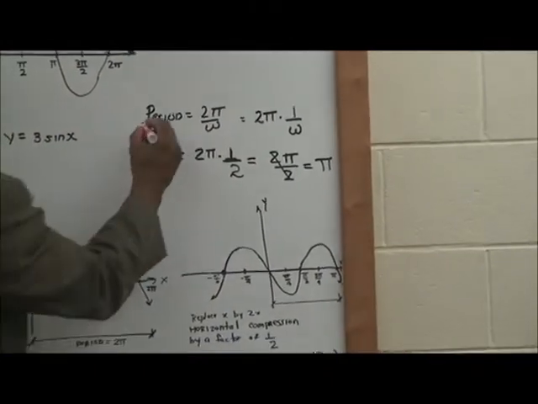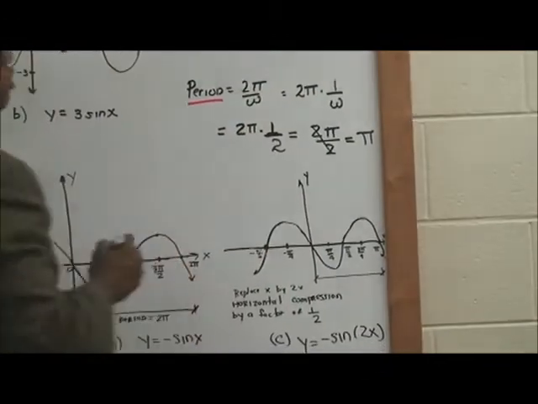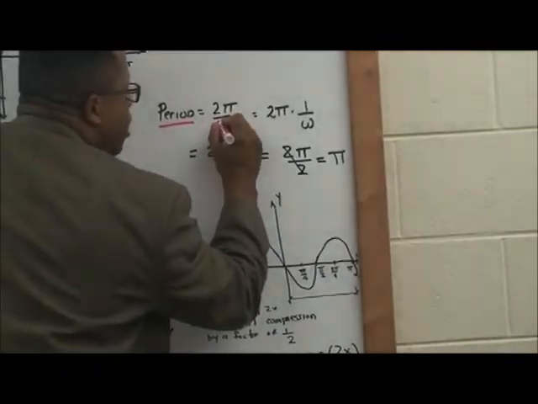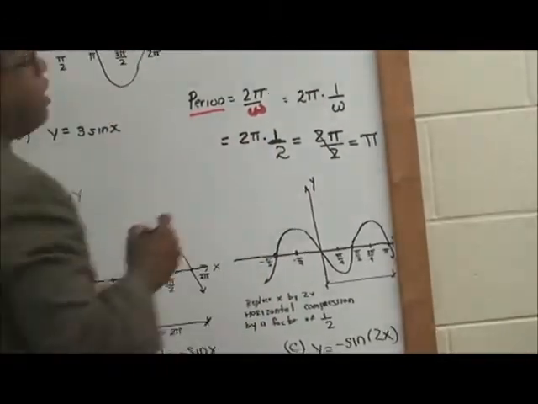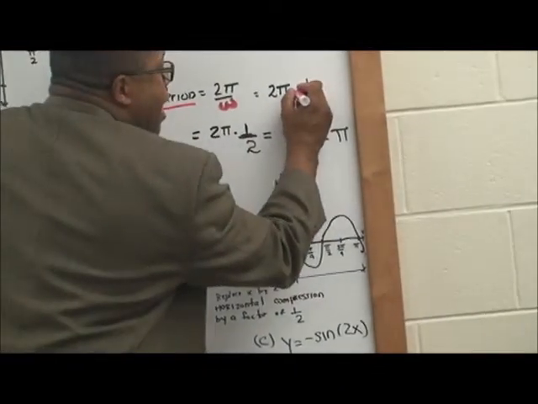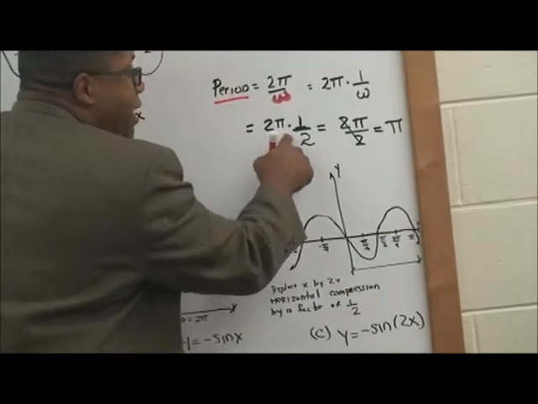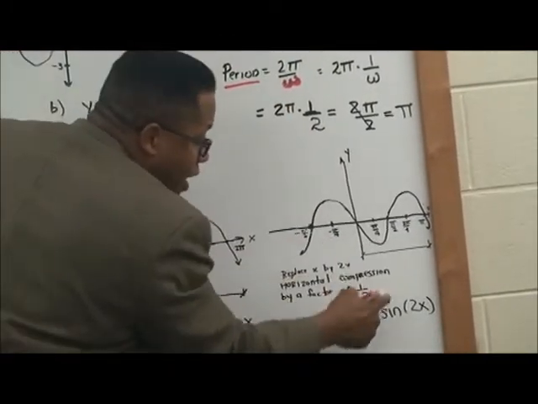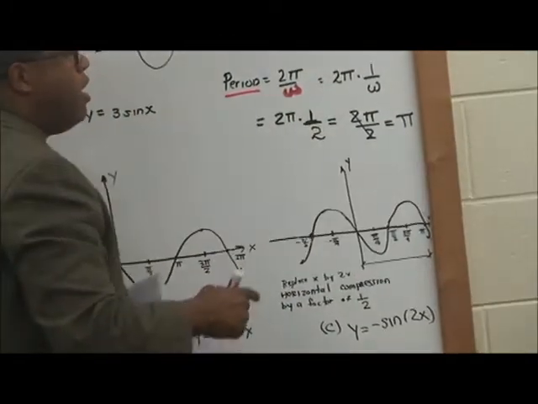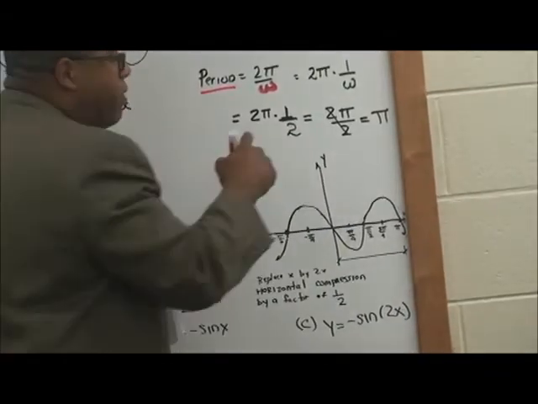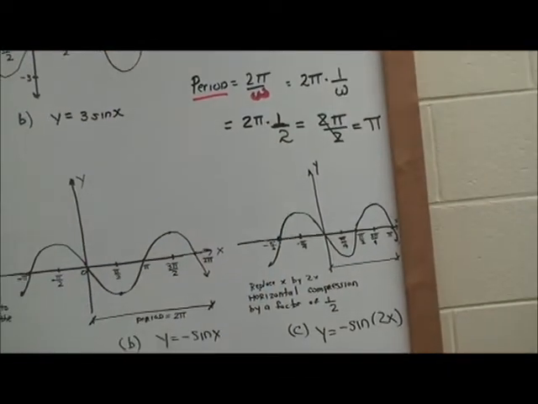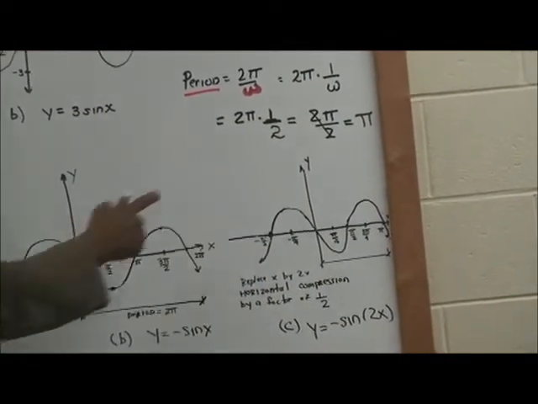So the period here is still equal to 2 pi over omega, so it'll be 2 pi times 1 over what? That 2 right there. And so when you do the math and say 2 pi over 2, of course 2 cancels out and it becomes just pi.